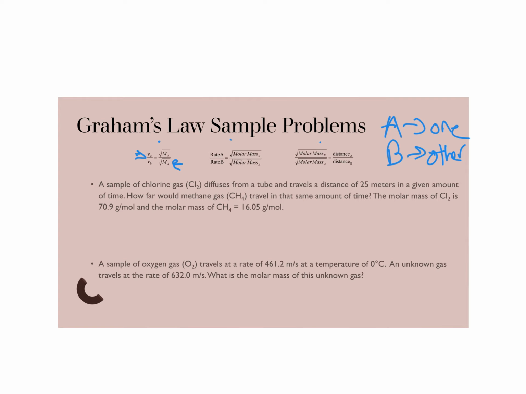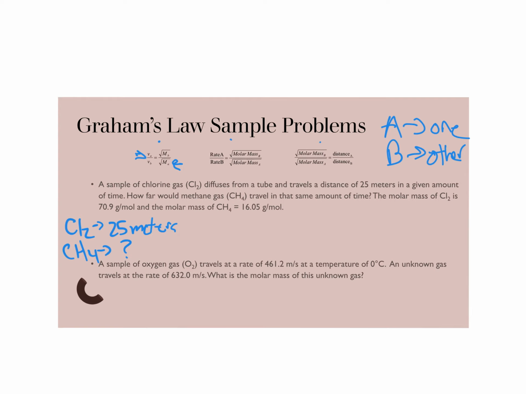Okay, and then I would give you the molar masses. So you know that chlorine, Cl2, travels 25 meters, and you're trying to find how far CH4 can travel, and you don't know that.